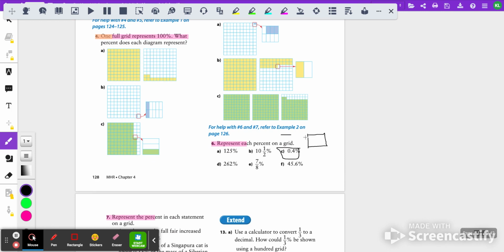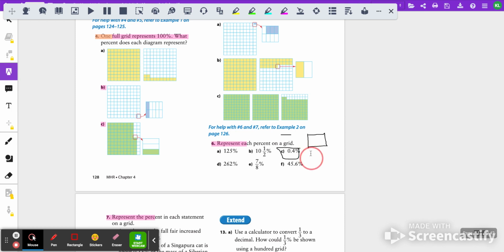So how do I make this into a fraction like these other questions over here, like B and C with their little fraction magnified? 0.4% is in the decimal, is in the tenths.